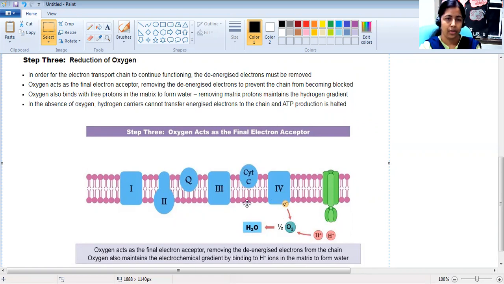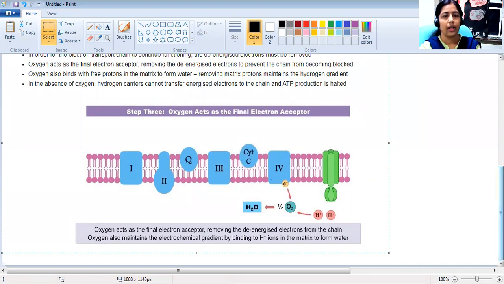In the absence of oxygen, hydrogen carriers cannot transfer the energized electrons to the chain, and ATP production is halted. Oxygen also maintains the electrochemical gradient by binding the hydrogen ions in the matrix to form water.